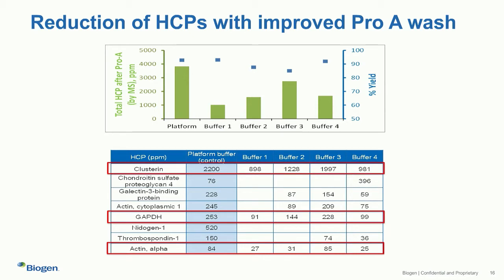However, when buffer 1 was used, 5 of the host cell proteins were below the detection limit, and 3 had a significant reduction in level. These 3 host cell proteins, named peroxiredoxin, actin, and GAPDH, seem to be the host cell proteins that are difficult to remove by the current Pro A process, even with significant efforts in buffer optimization.